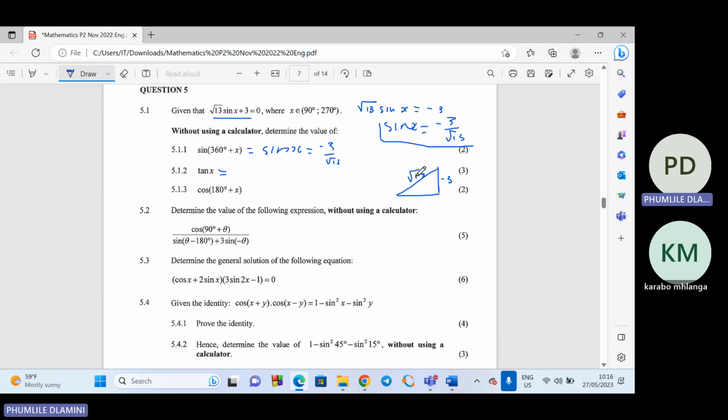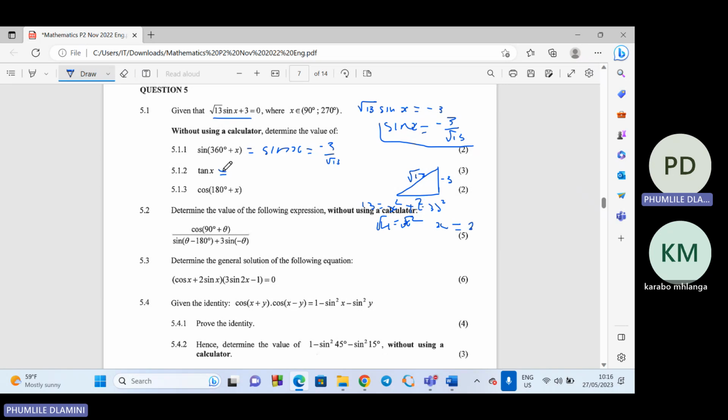This r squared is going to be 13, equals x squared plus negative 3 squared, which is positive 9, ne? When we take this one to the other side, 13 minus 9 is 4, ne? 4 equals x squared. So if you take the square root both sides, your x equals 2. Which means the x side is 2.